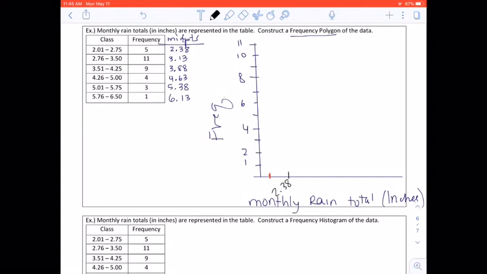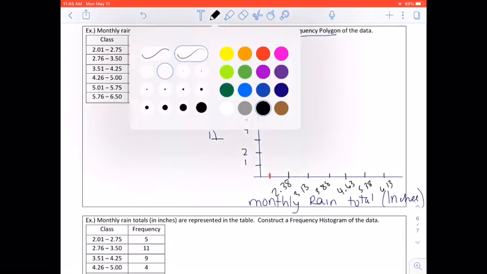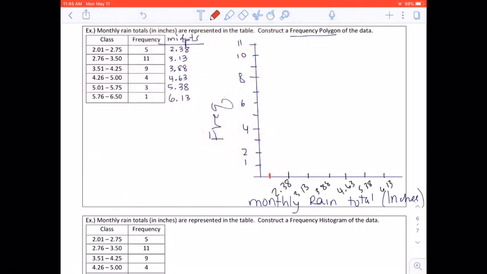And I'm going to go ahead and put the rest of those midpoints in. Okay, and again, I'm going to put another little dash at the end of this graph.